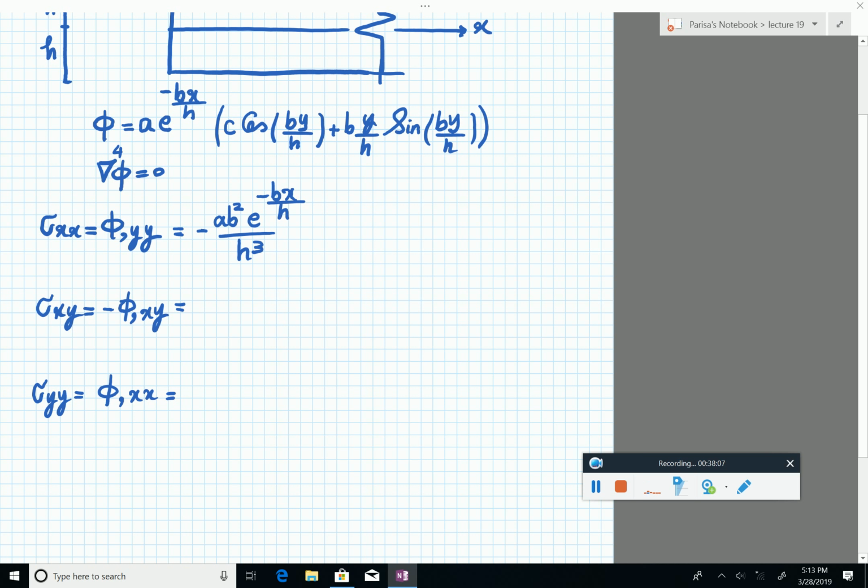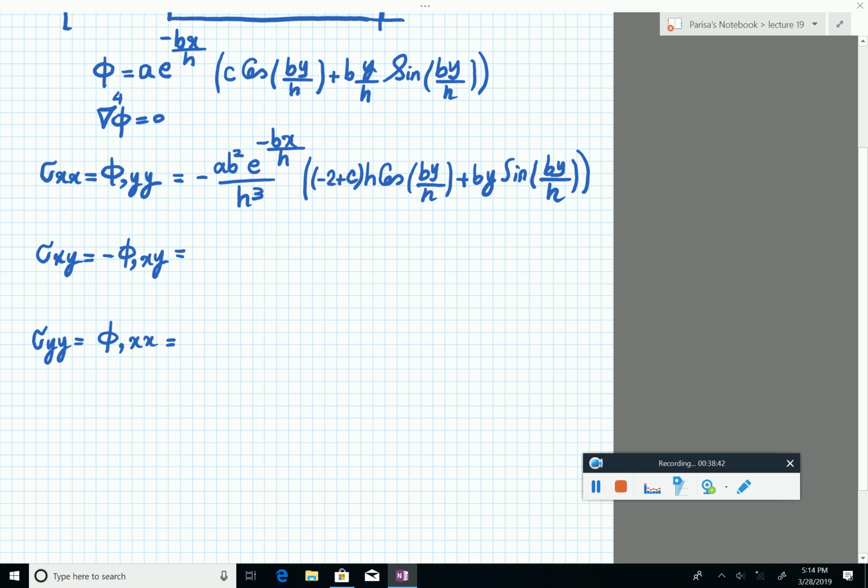So a b squared, the exponential form stays over h cubed, and then we have negative 2 plus c h cosine by over h plus by sine by over h. And this one is plus ab squared.